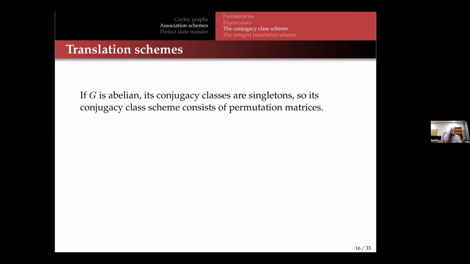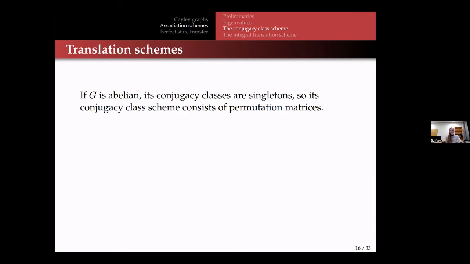Well, the conjugacy classes are just singletons in an abelian group, and so this scheme consists of permutation matrices, which doesn't seem like a very interesting scheme.